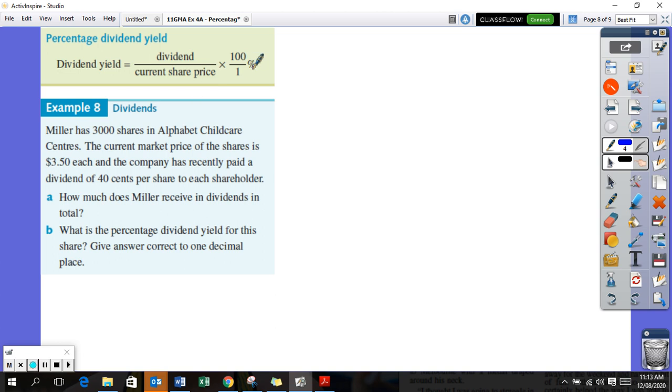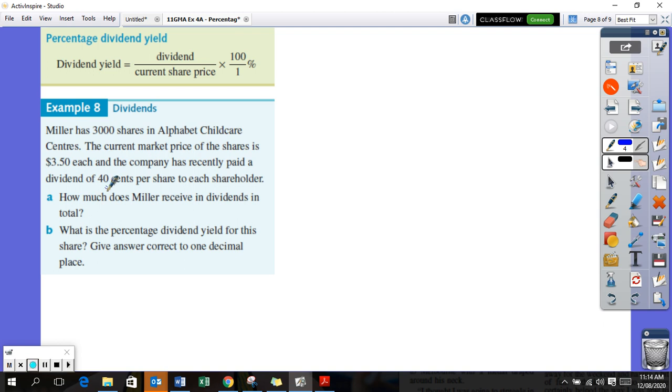Okay, and that's all that does is make it a percent. So Miller has 3,000 shares in a childcare company, and the current market price of the shares is $3.50 each. So the value of his shares would be just these two things multiplied together. That would be the value of his shares if he sold them.